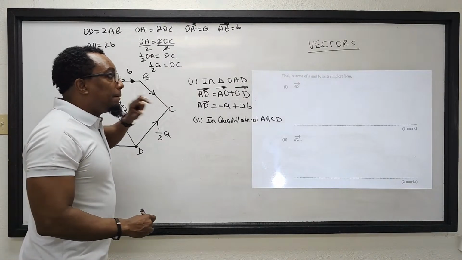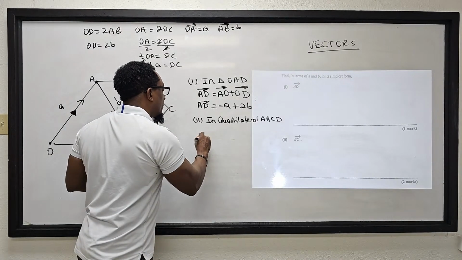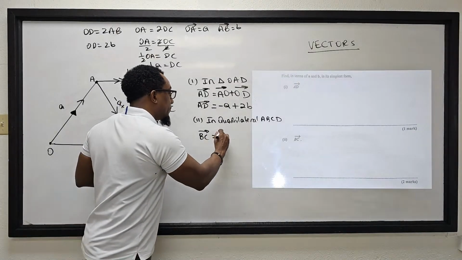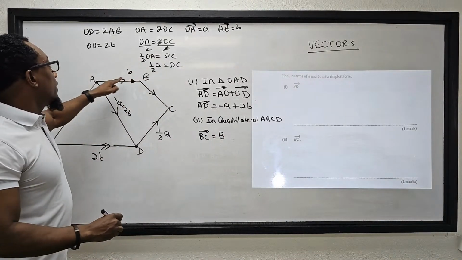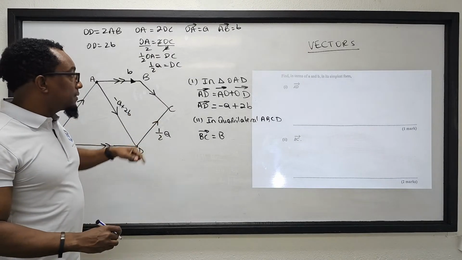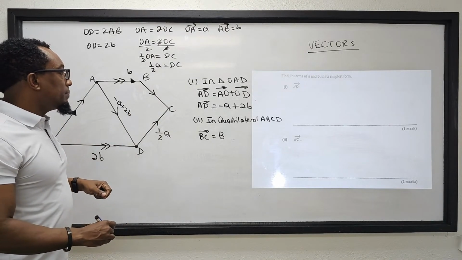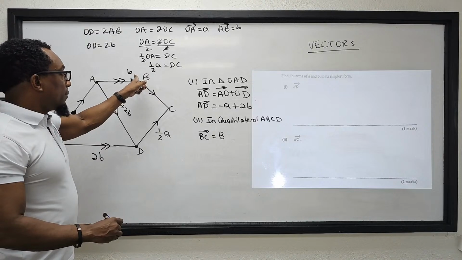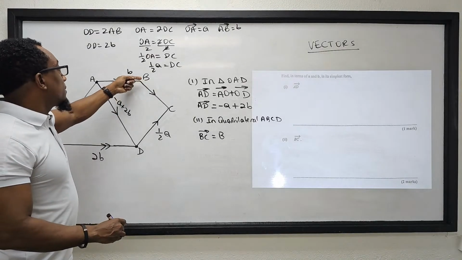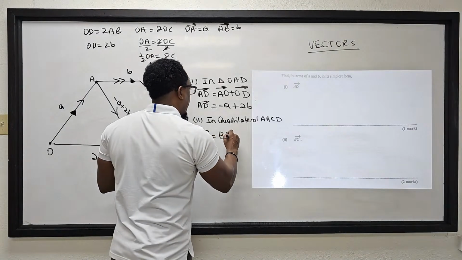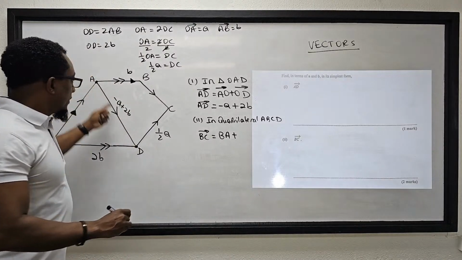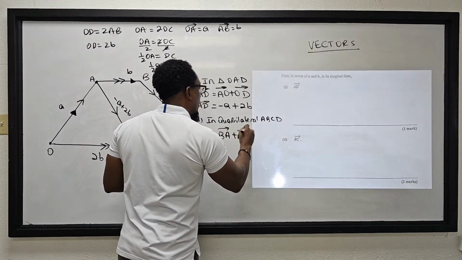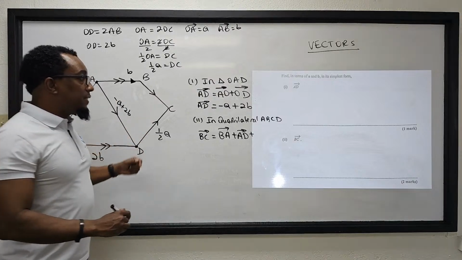Because I want to find BC, I'm going to start with B. I'm moving all the way around to C. Of course, if I want to go all the way around to C, it's going to be BA plus AD plus DC.